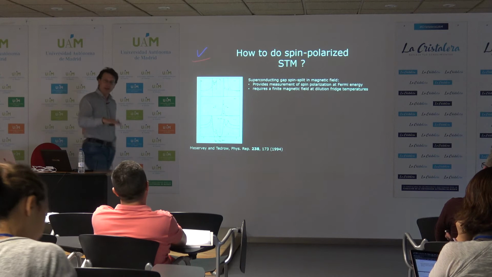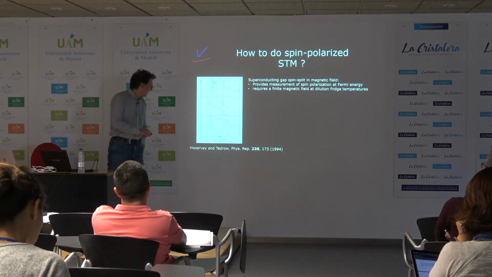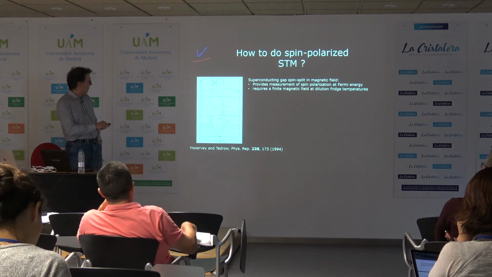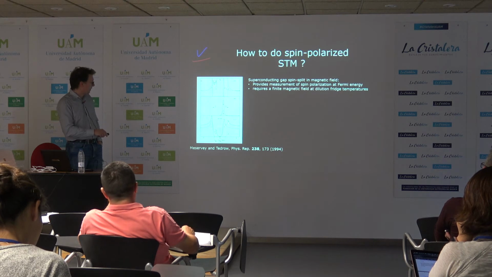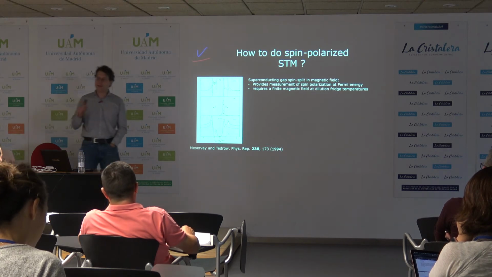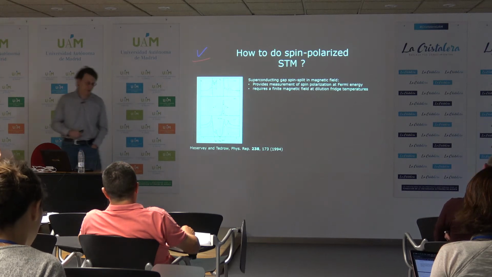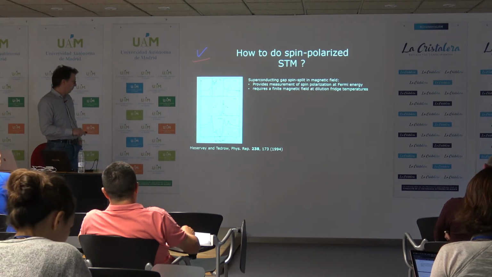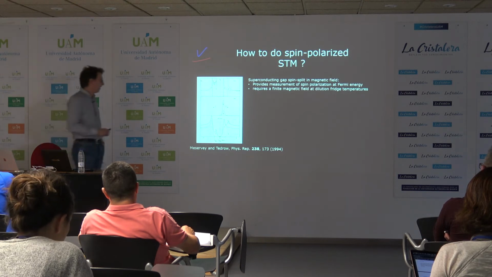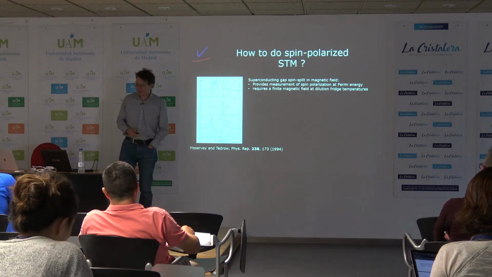If you tunnel to the Fermi energy of the sample, the change in intensity of these coherence peaks tells you directly, quantitatively, what the spin polarization of your sample density of states at the Fermi energy is. In principle, this is very elegant, but it's also very difficult.